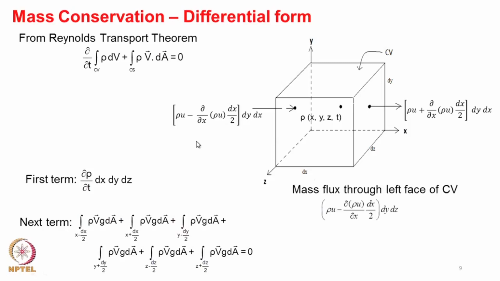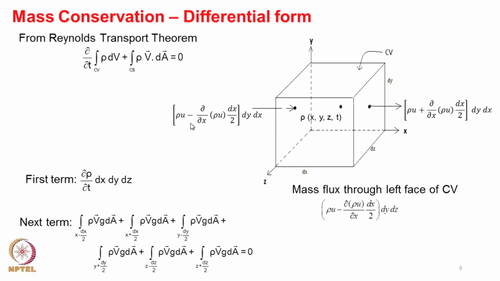If you write, for example, only for the left face, the mass flux through the left face, ρ(x, y, z, t) is defined here, assuming that is the density available at the center of the element.